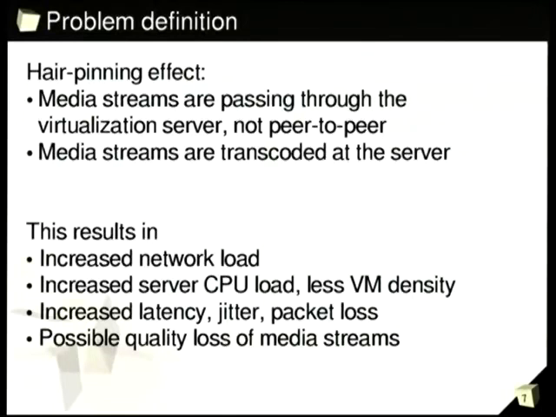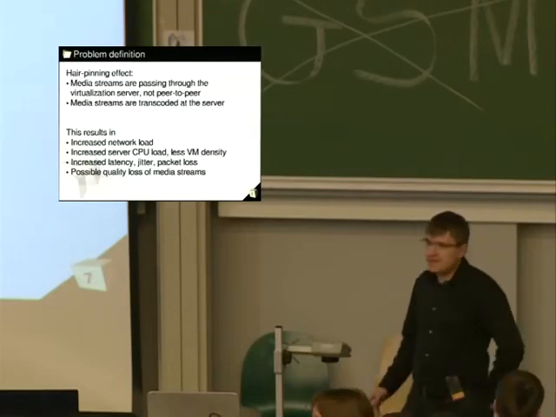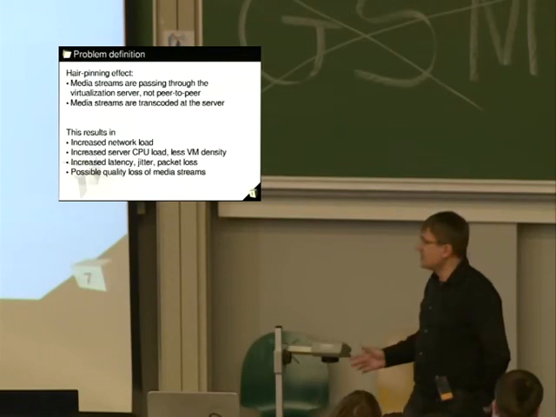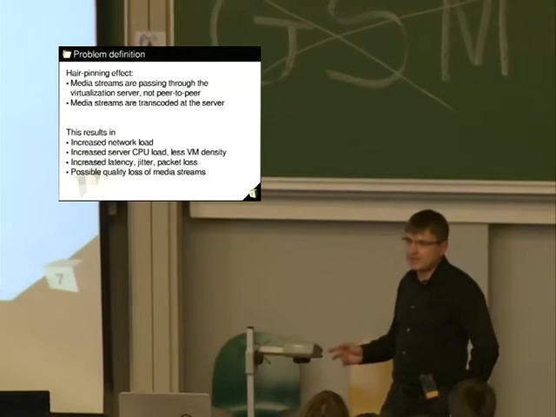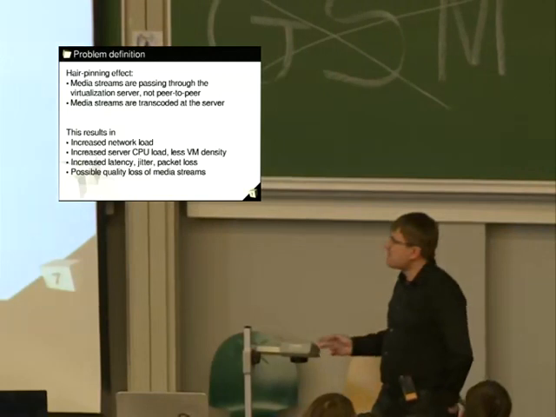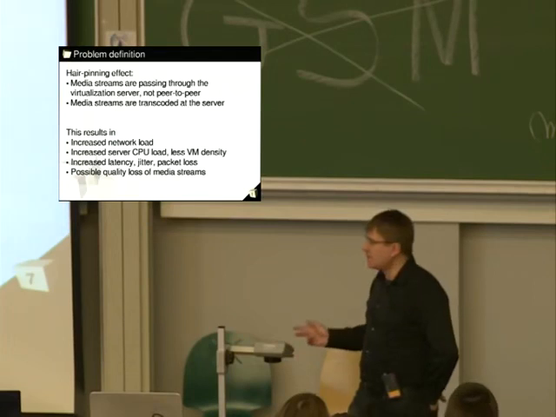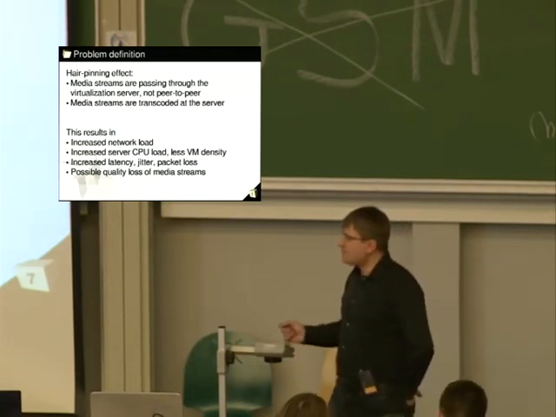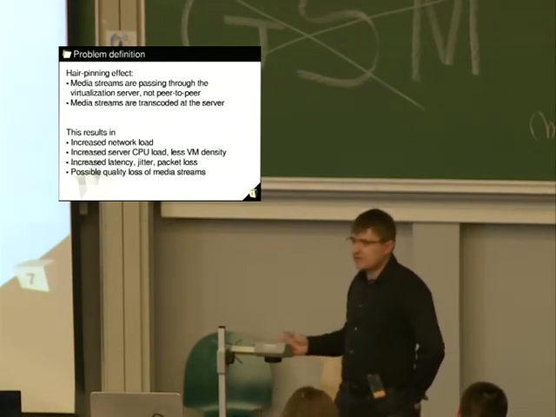So we can highlight the following problem here. It is sometimes called the hairpinning effect. Media streams are passing through the virtualization server, not peer-to-peer. And also the streams are transcoded at the server. Transcoding just increases the CPU load and decreases the VM density of the virtualization server, but the main part is that streams are passing through the virtualization server, which increases the network load, and the worst effect is increased latency, jitter, maybe packet loss if the networks are unreliable.